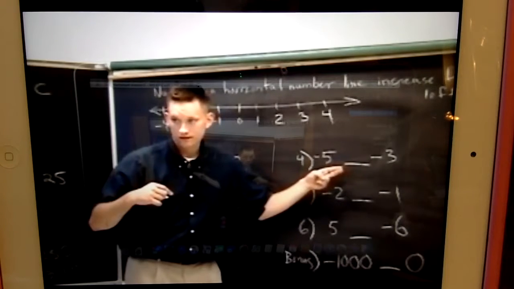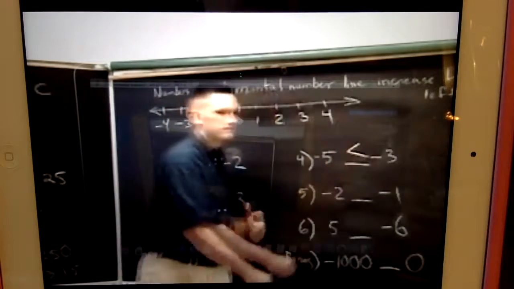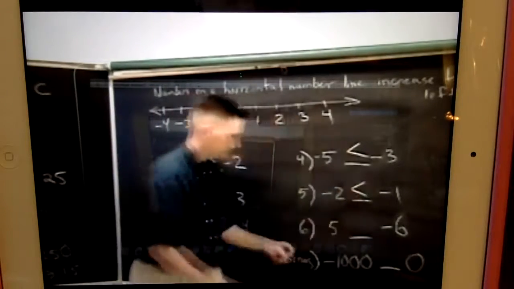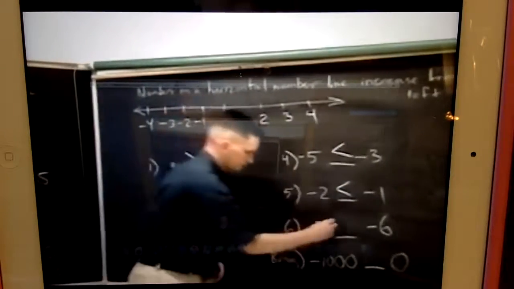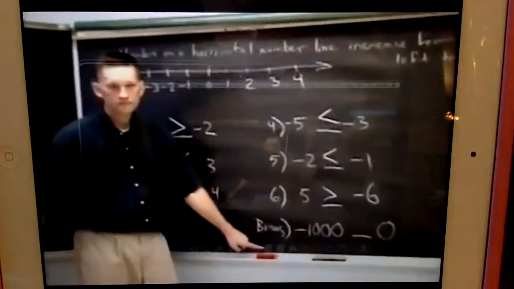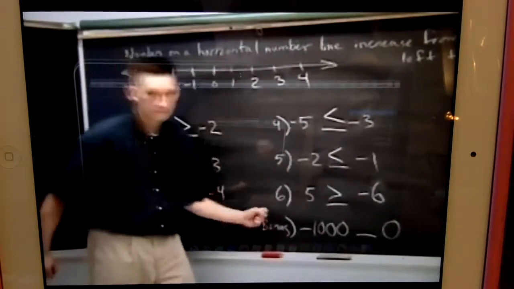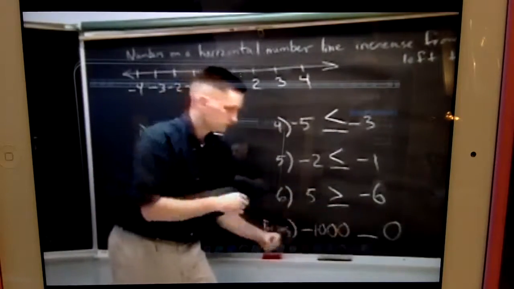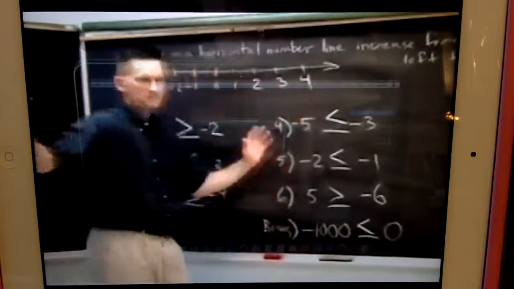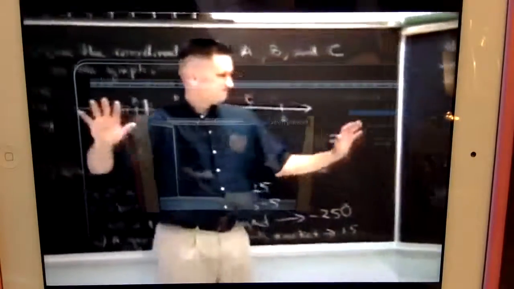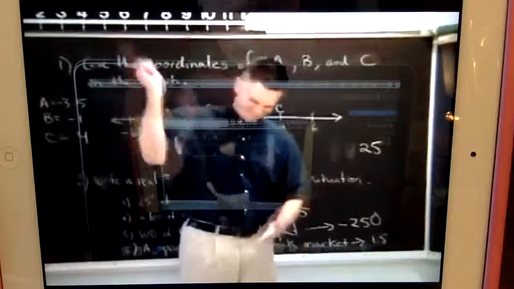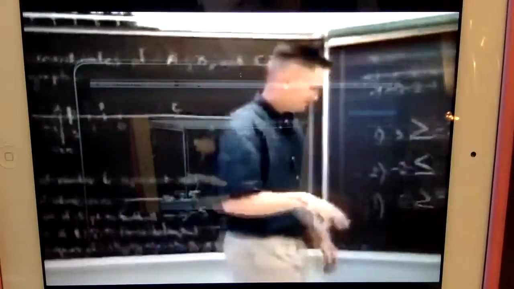You're saying -5 is, right, -5 is less than -3. Problem 5, right, is less than. Number 6 is greater than, right. Now what about this one? You say greater than or less than? Right, less than. Great, it looks like you guys got it. That's all. Tonight, you're going to be ready to fly through that homework. So, that's it.